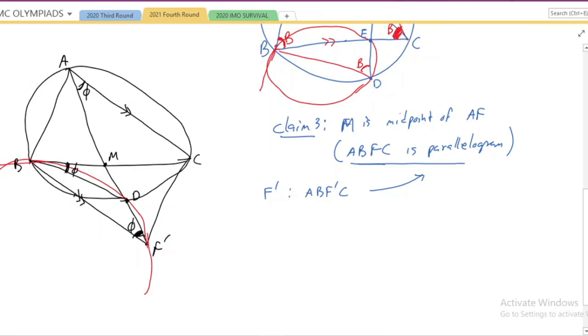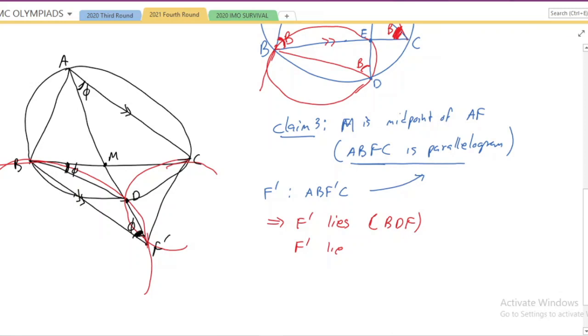So this means that F prime lies on the circle passing through B and D that's tangent to BC. So it lies on circle BDF, where F is the original one. Okay, so it lies here, and then in a similar fashion, when we consider the other circle, you see that it's going to also be tangent.